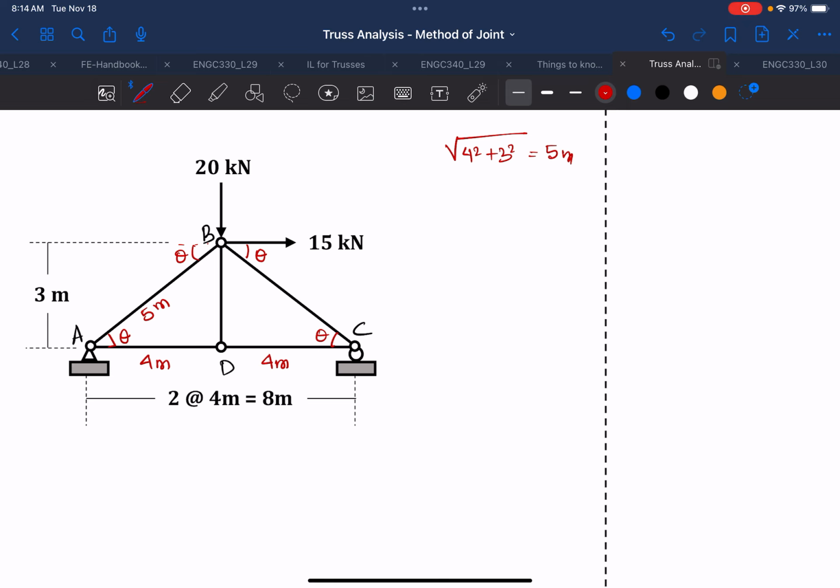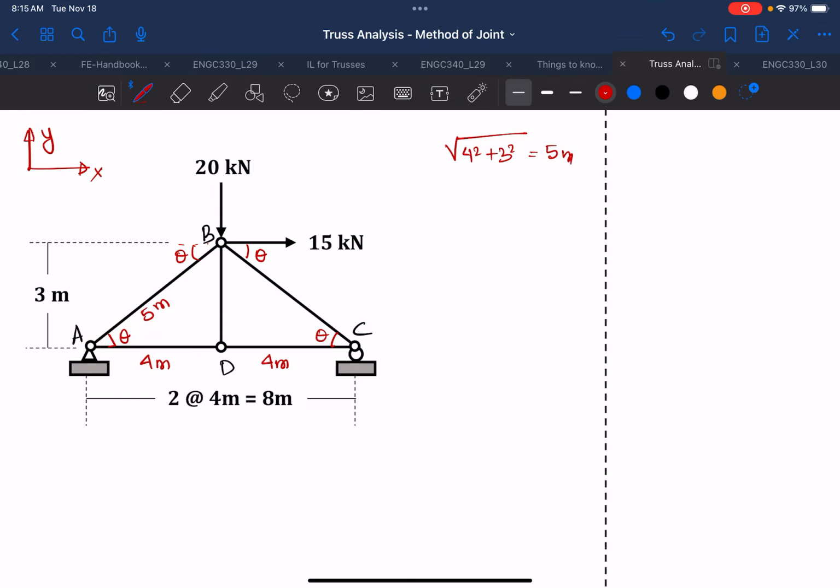The reason we draw the inclination is that this is an inclined force, and our coordinate system is x and y. So we have to resolve this member into x and y.